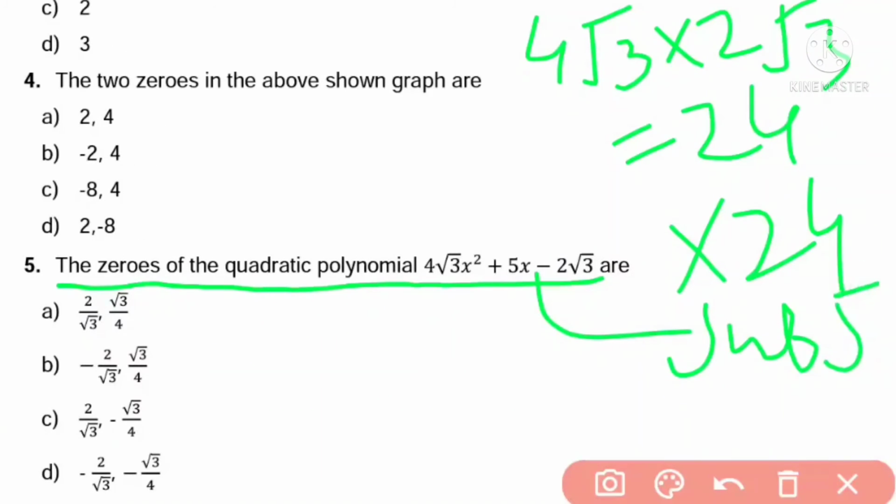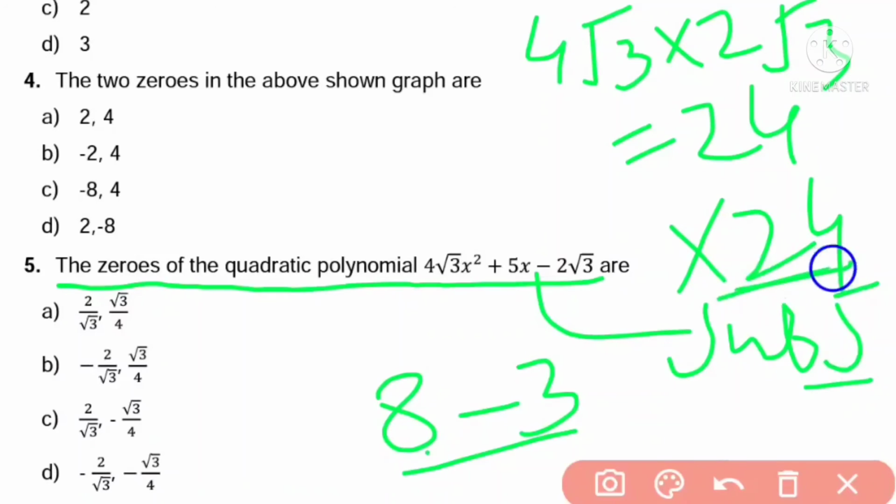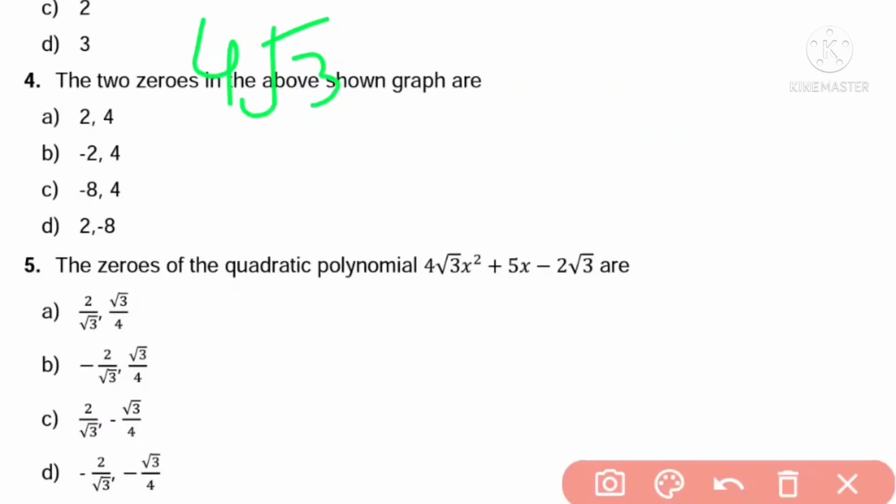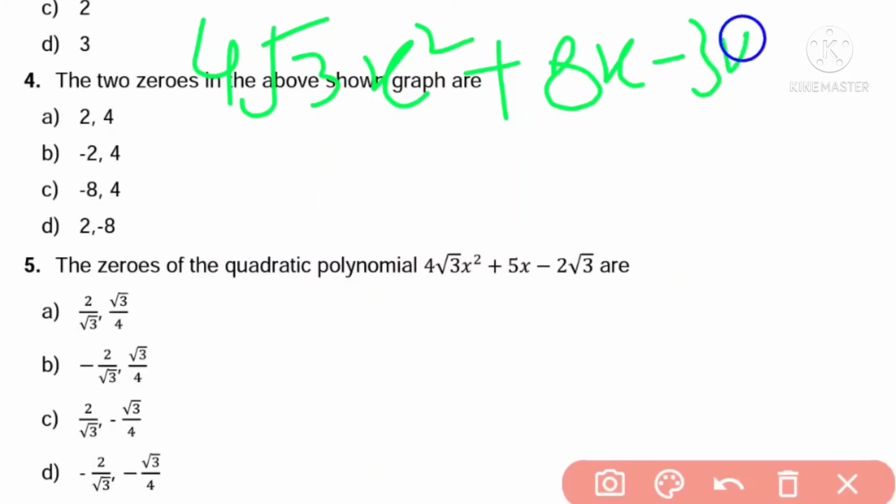So two numbers are 8 and 3. 8 minus 3 is 5 and 8 into 3 is 24. 4 root 3 x square plus 8x minus 3x minus 2 root 3. Okay.